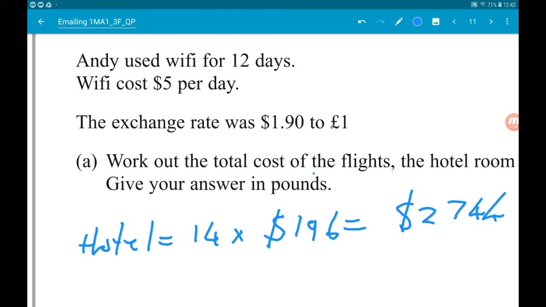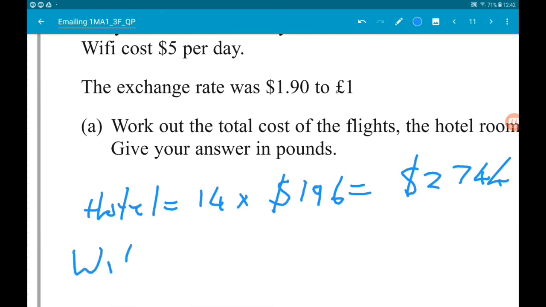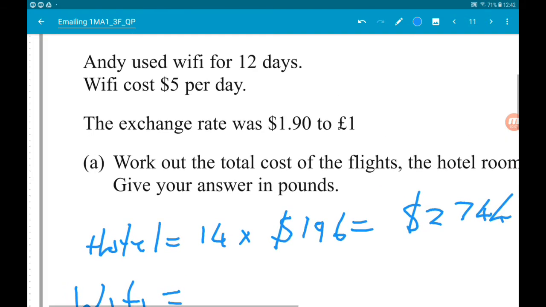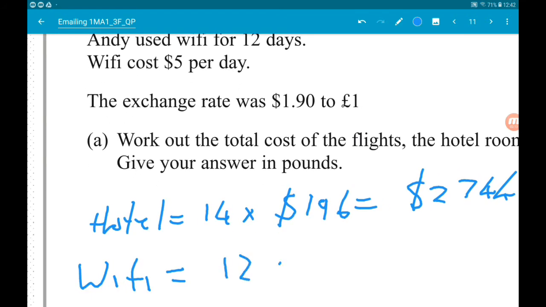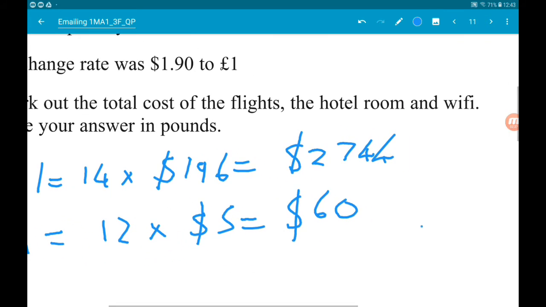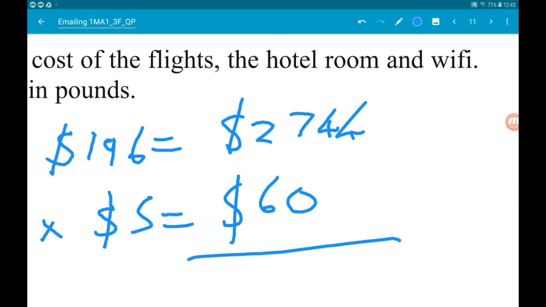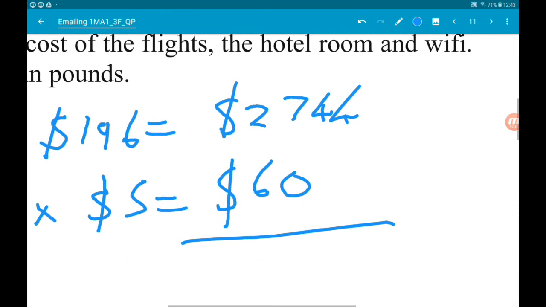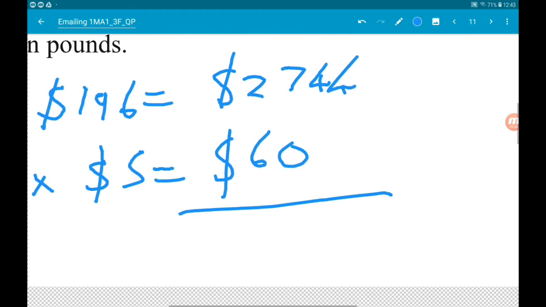Okay, and then the Wi-Fi, well that's 12 times $5. Now that is $60. Now, if we add those together, we get $2,804.